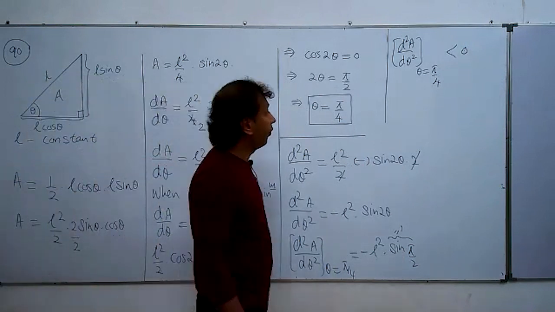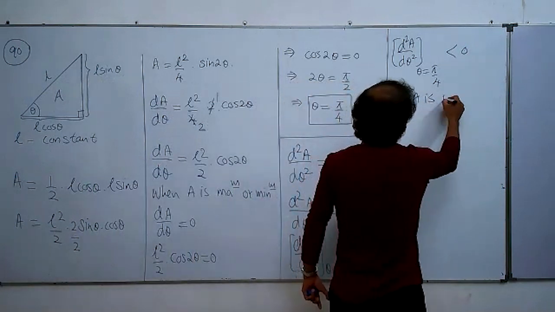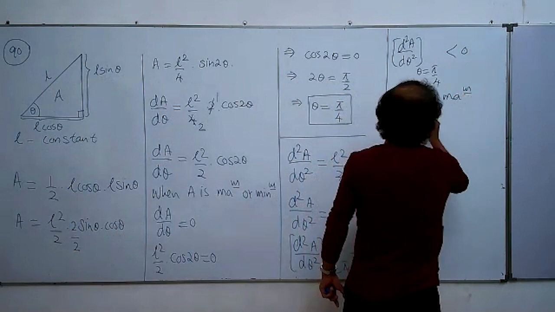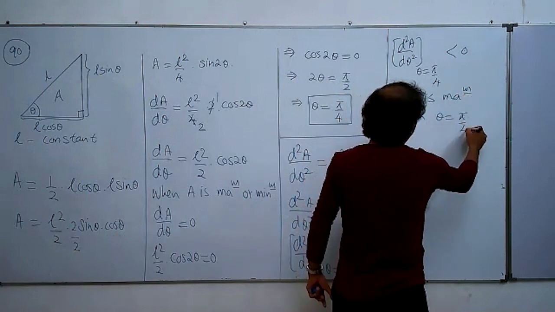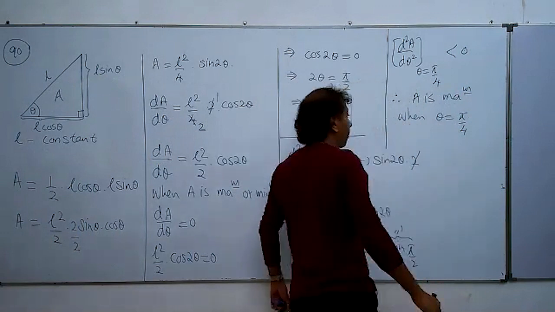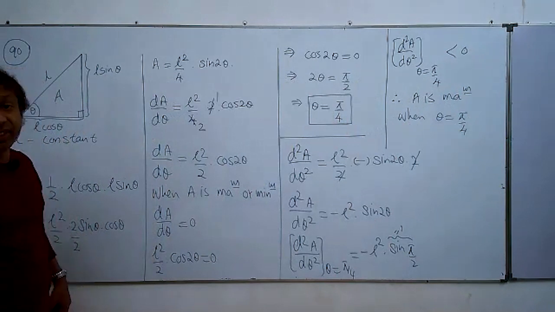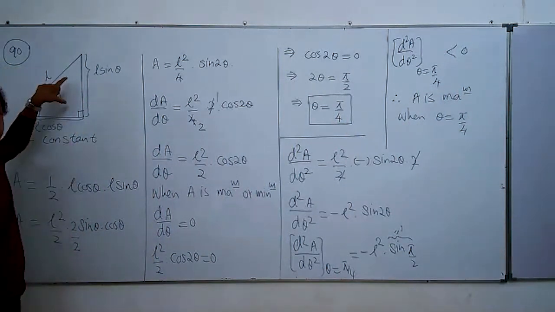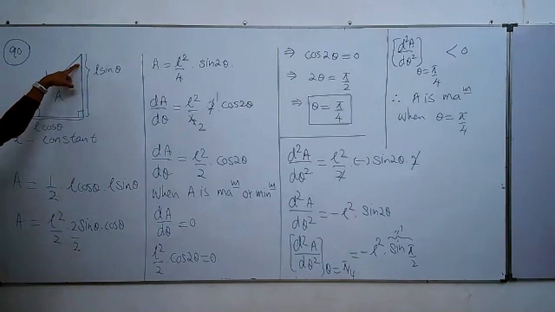So therefore, A, the area of this triangle, is maximum when theta is pi by 4. When theta is pi by 4 here, since here we have 90, this is also pi by 4.